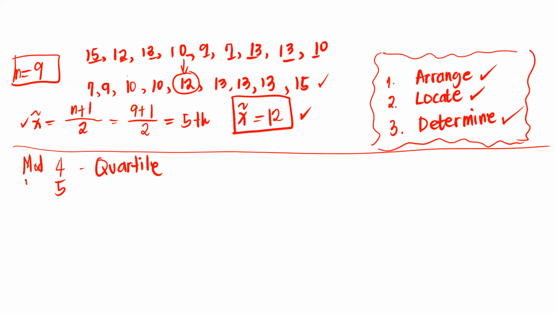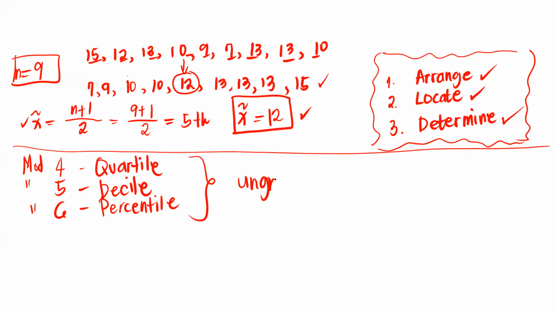Yung module 5 po is about decile. Module 6 is about percentile. Okay? Ng ano po? Ng ungrouped data. Kaya madali.